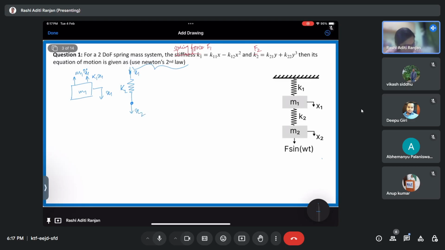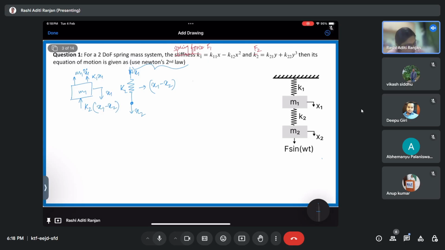So its total deformation is x1 minus x2, right? Mind it, this is the displacement direction and not the force direction. If it is compressing like this, it will apply the force in the upward direction, right? So here there will be one more force which will be equal to K2 x1 minus x2. So my free body diagram is complete for mass m1.